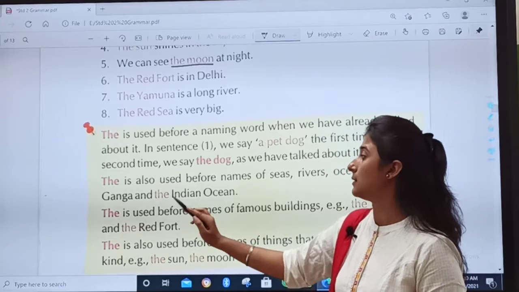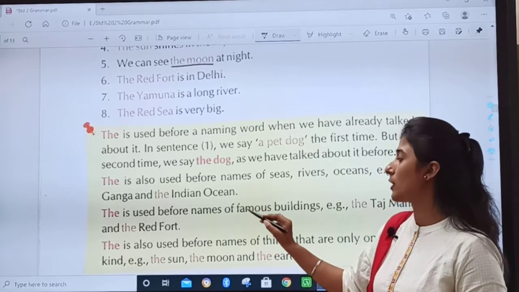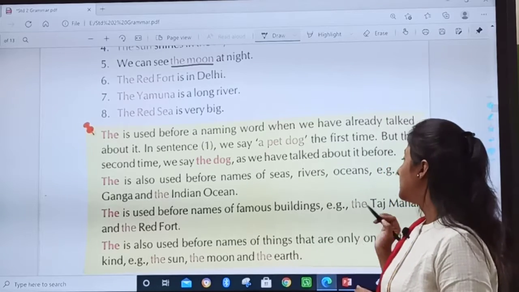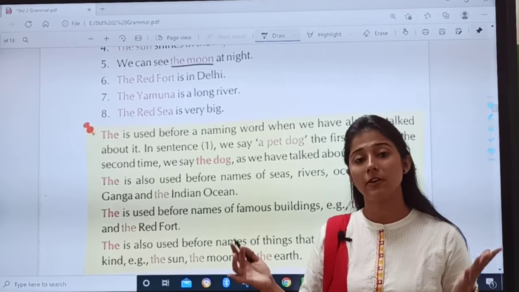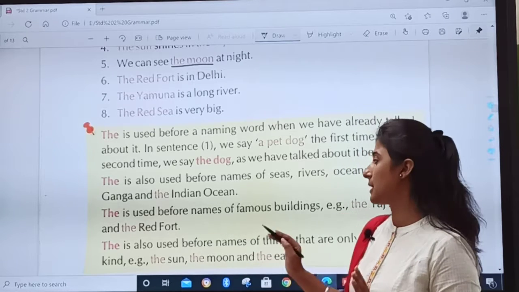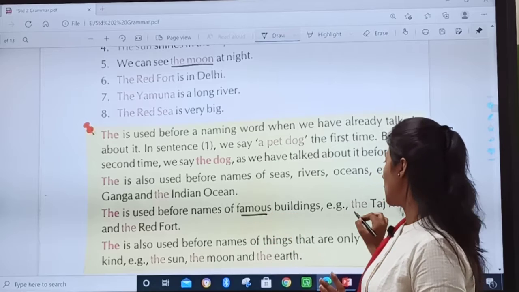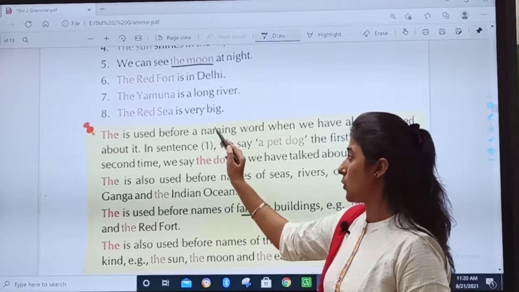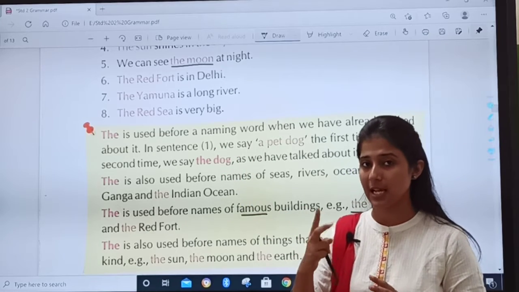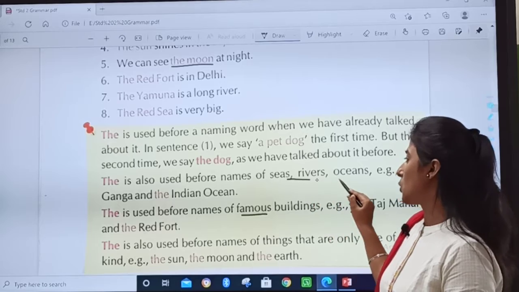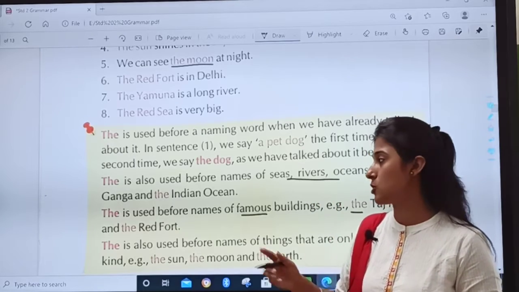Then third, the is also used before names of famous buildings like the Taj Mahal, the Red Fort. Whenever you talk about monuments, special buildings, famous buildings, you have to insert the, okay. So you understood when we talk the second time, then the is used. When we talk about river, ocean, sea, then the is used.